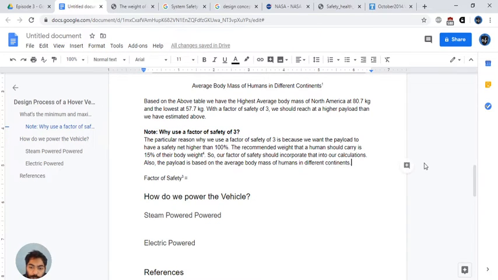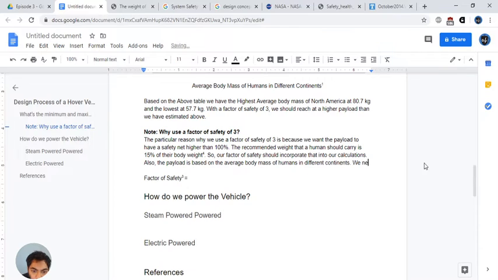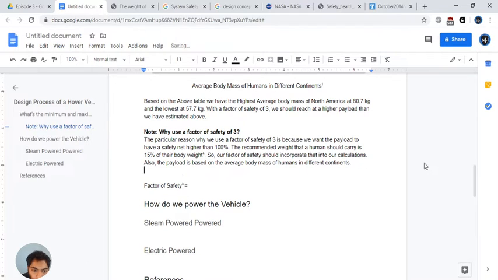Different continents, we need to simply have a... using the principles of standard deviation, deduce that.